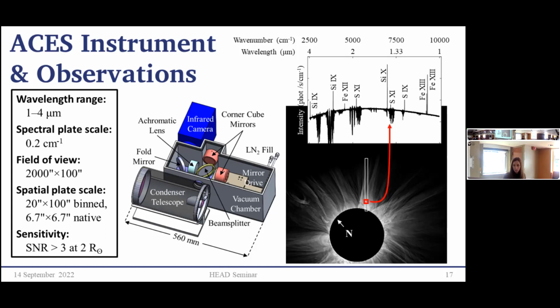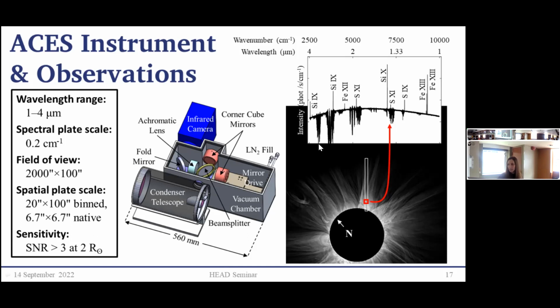ACES is a Fourier transform spectrometer, which means it has a moving mirror, which changes the path length between the two paths of light in the instrument. And when the paths recombine and interfere, you measure what's called an interferogram, which is the Fourier transform of the spectrum that you want to measure. So you have to move that mirror very steadily and at a nearly constant velocity.